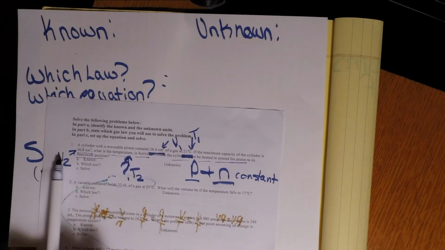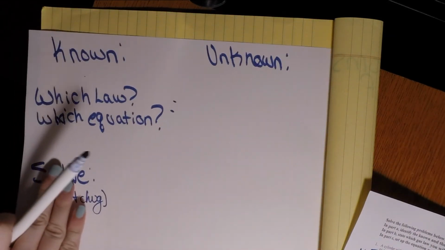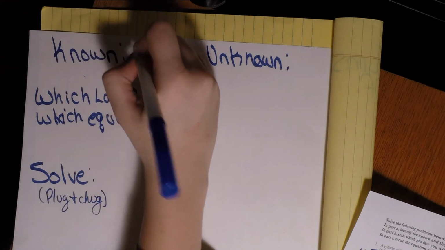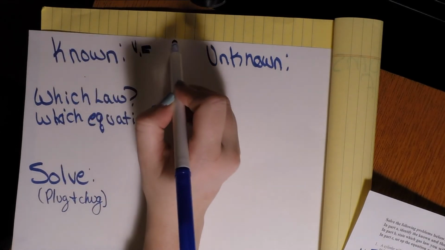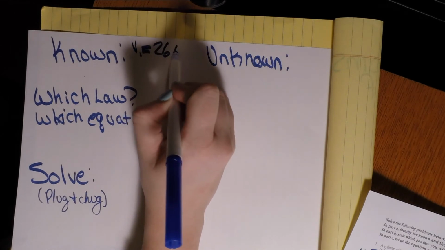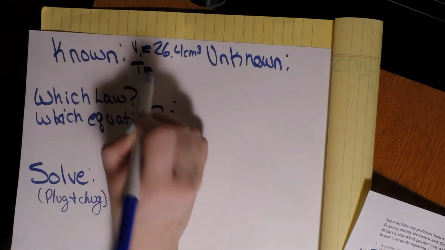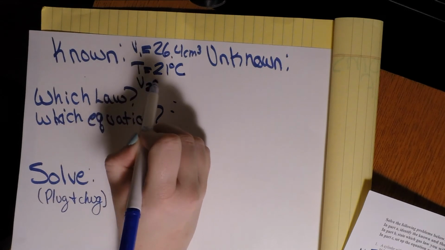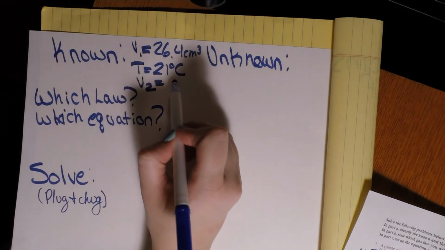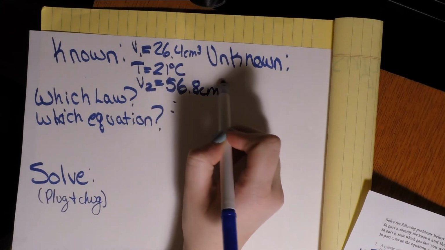So now I know that I need an equation. Actually, let's take a moment and let's write this in on our paper. So we're going to take our knowns, which is, I'm going to list out volume 1 is 26.4 centimeters cubed. Temperature 1 is 21 degrees Celsius. Volume 2 is 56.8 centimeters cubed.